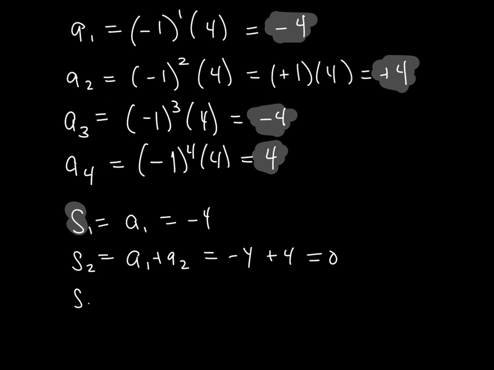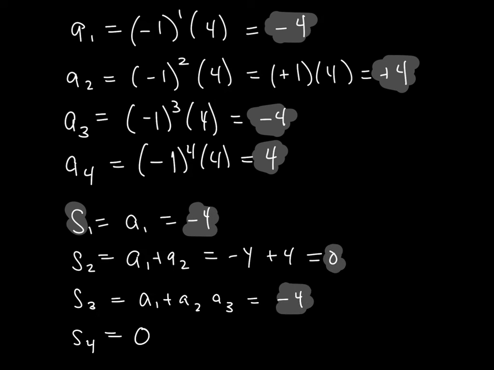The first 3 terms give the third partial sum, and when I add those together, I get negative 4, and the last one that we're looking for is again back to 0. Now, this is important. We have an alternating sign, and that keeps alternating back and forth between negative 4 and 0. This sequence will definitely diverge.